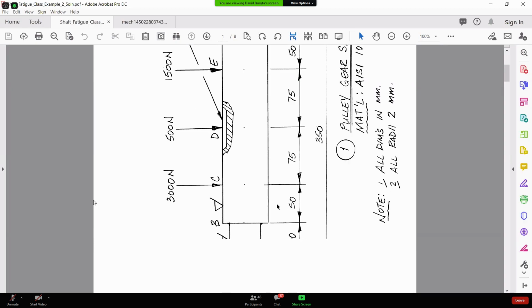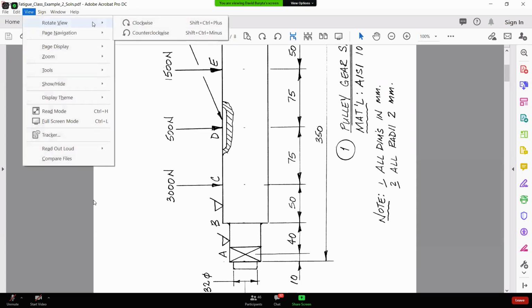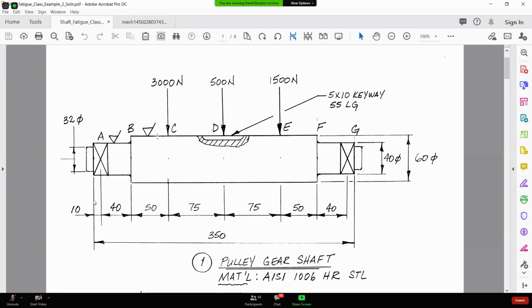Let's take a look at where we have the maximum moment. When we did our shear and bending moment diagram, we saw that at this point here, C, we had our maximum bending moment. Now, is there a geometric change in the shaft at that point? Is there a keyway? Is there a fillet?